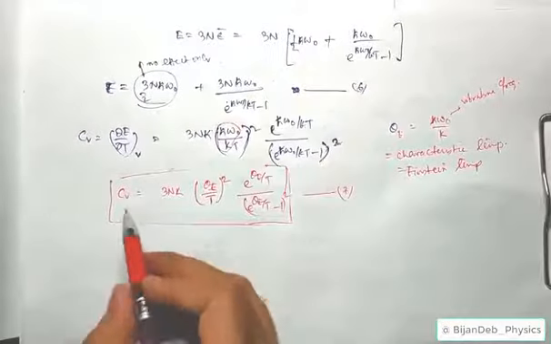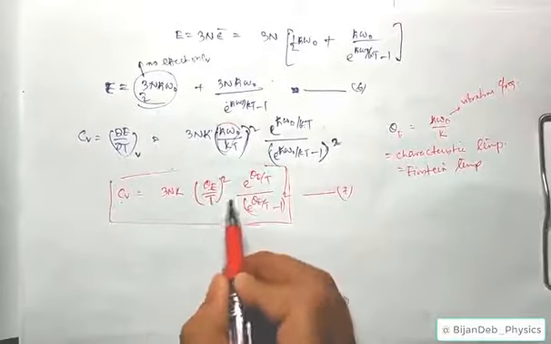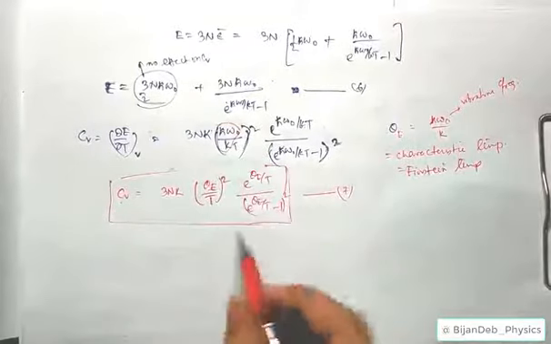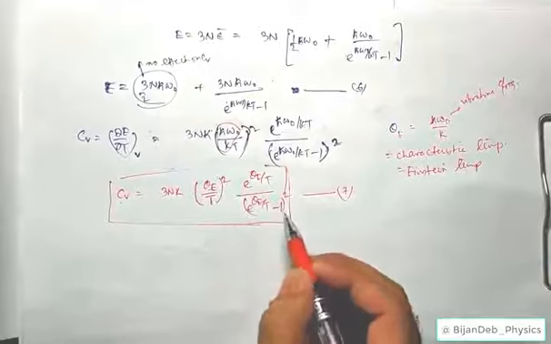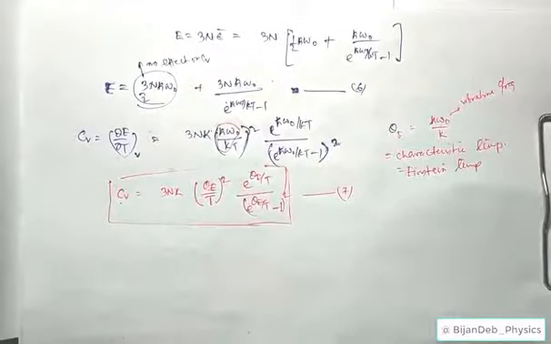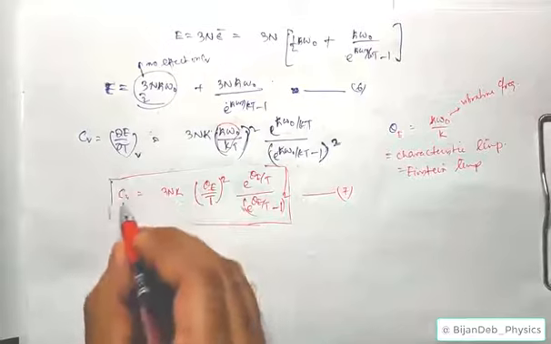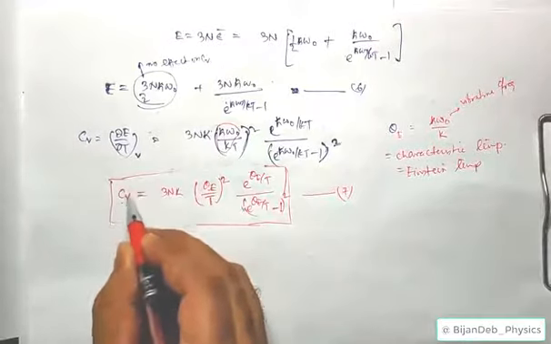You see, specific heat is dependent on temperature and also frequency. In classical theory there is no dependence, but here we get dependence on temperature. So this is Einstein theory of specific heat, the derivation of lattice heat capacity, specific heat at constant volume.